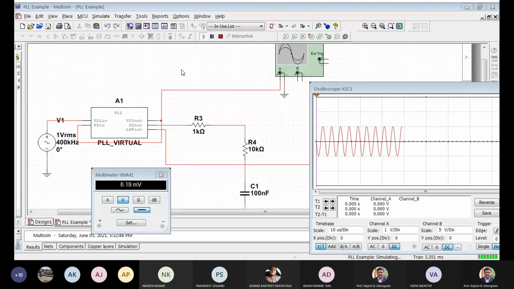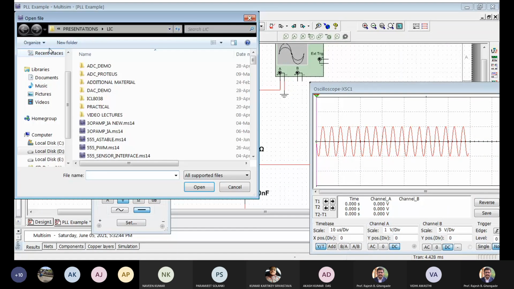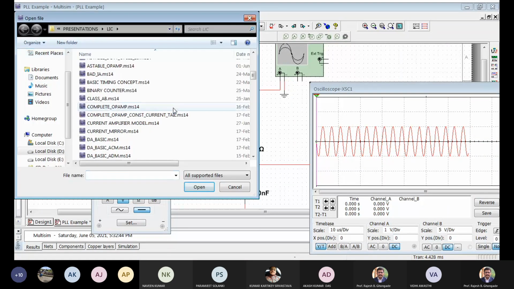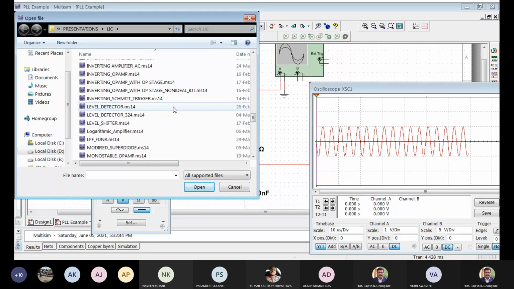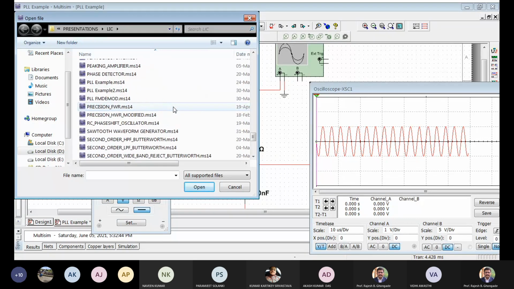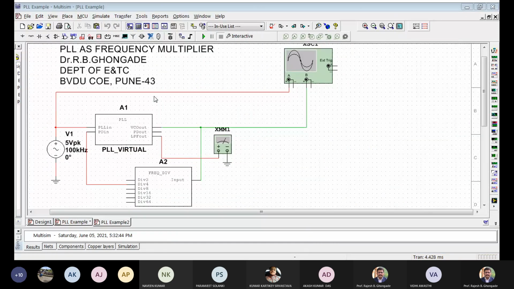Of course this won't be that interesting. Another interesting example which I've designed for demo: PLL as frequency multiplier.